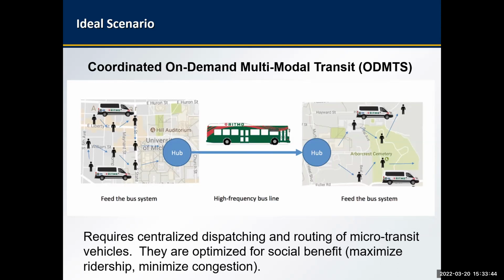It therefore provides the customer with a seamless multimodal mode of transportation. The operation of ODMTS and transit services can be together synchronized as well as optimized so as to serve a particular objective. In our case, it is maximizing ridership and minimizing congestion.